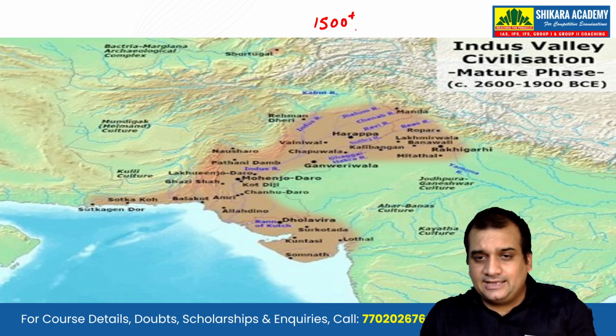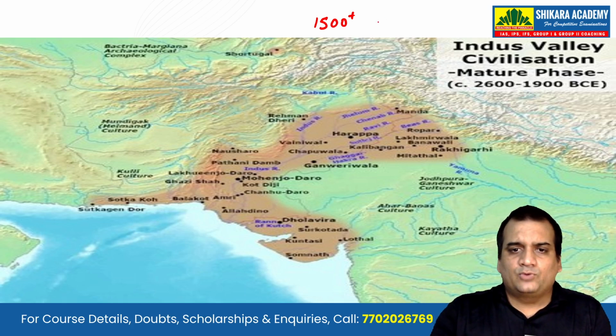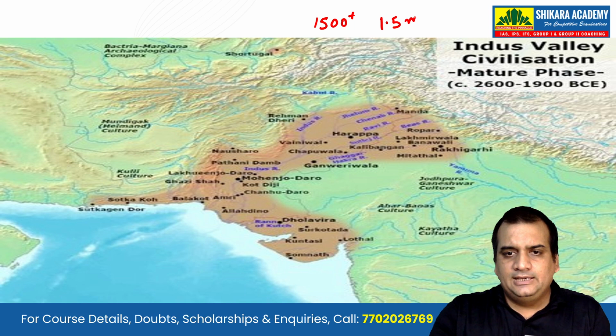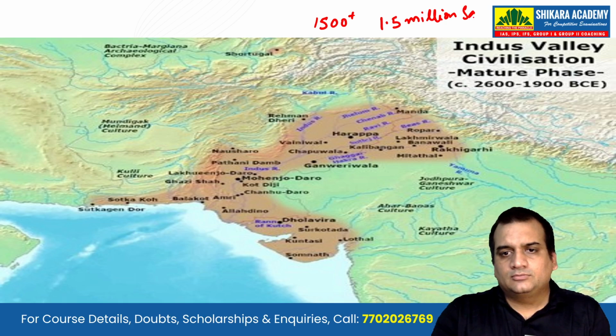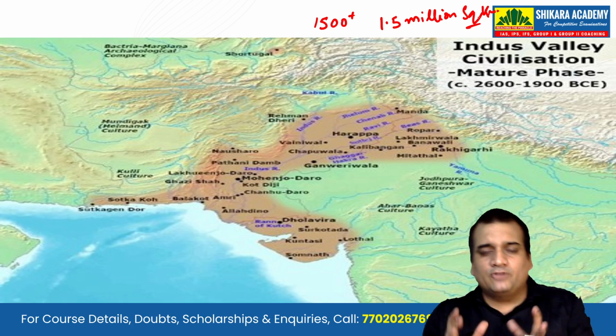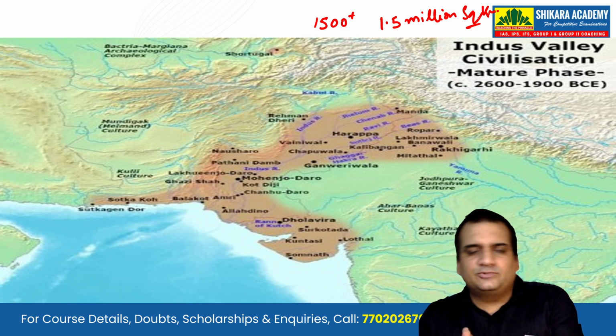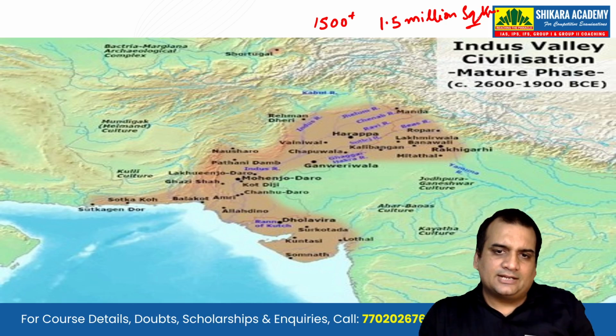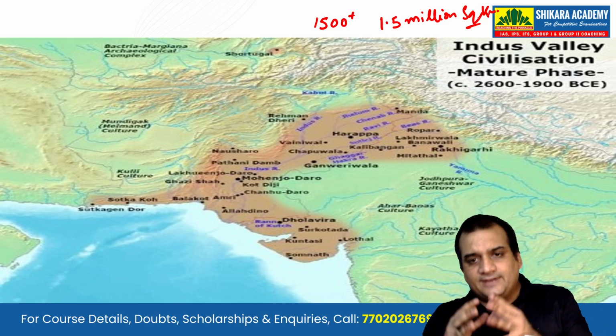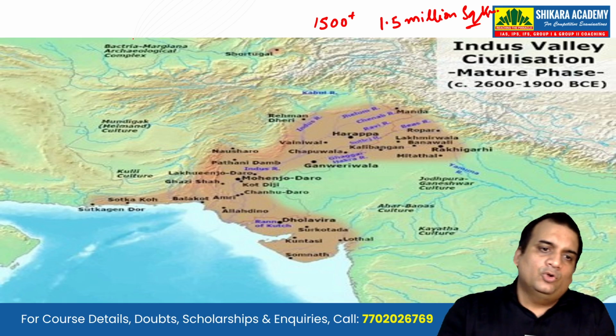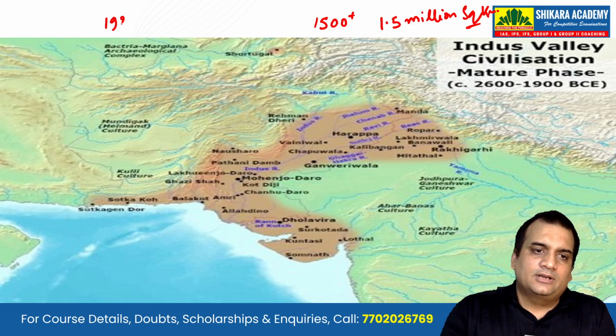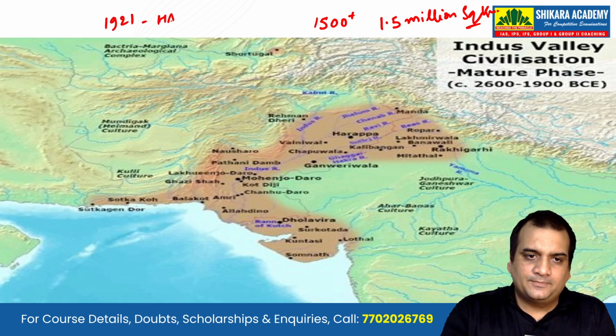The area it covered was 1.5 million square kilometers. To get an idea, that is almost half of the area of India today.